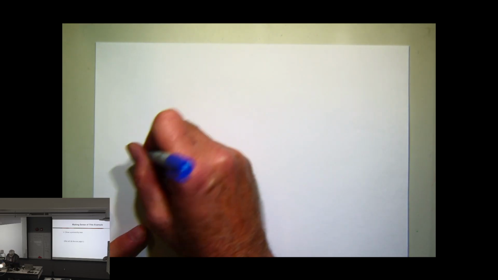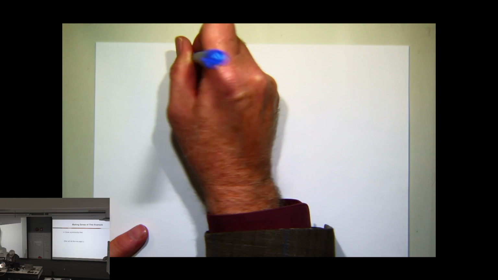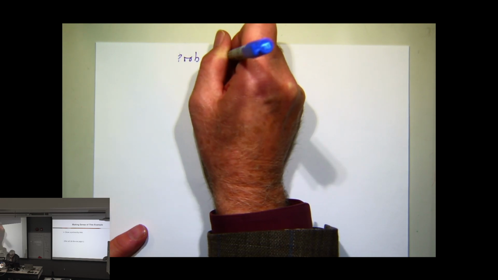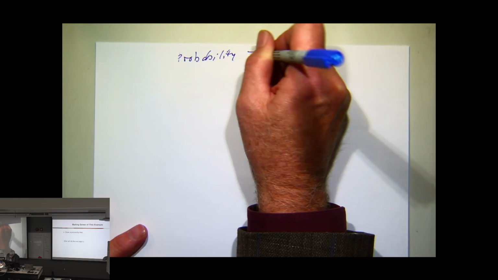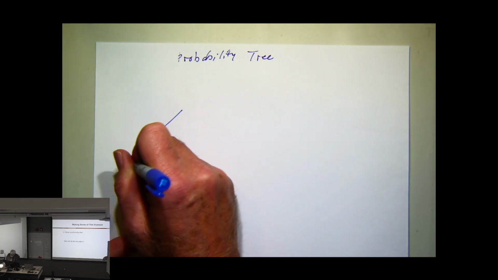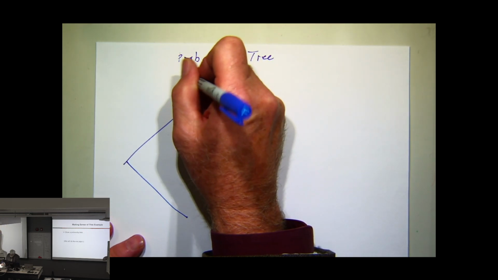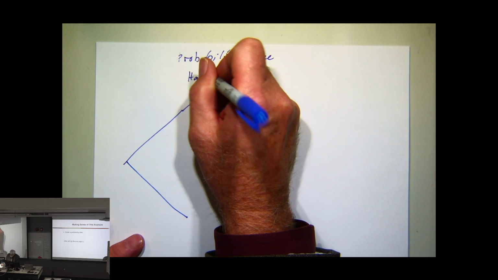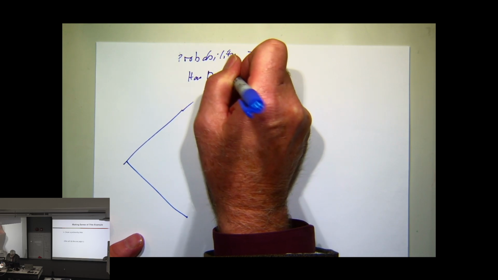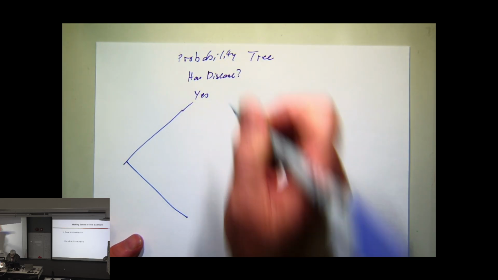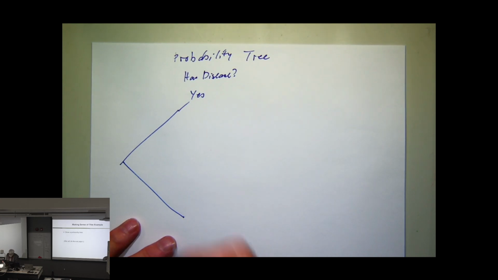This is one that a probability tree works very nicely for, because why does a probability tree work so nicely here? Well, first of all, we have just 2 branches of whether the person has the disease, and the answer is a yes or a no.